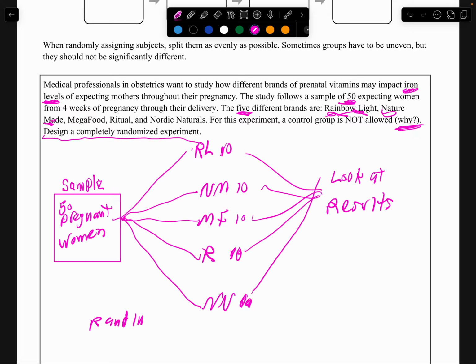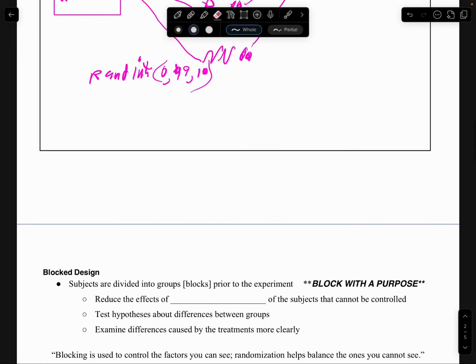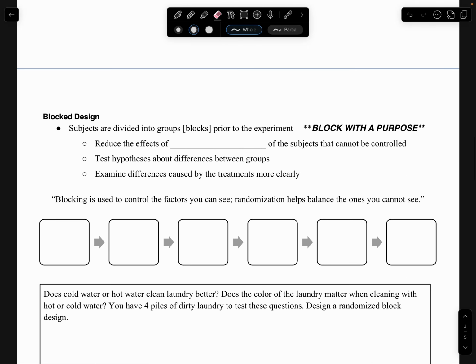RandInt 0 to 49, and then we're picking 10. We would do that the first time to get the first 10. Then we'd have fewer people to pick from, so we'd have to do it differently after that. Okay, that's on the calculator.